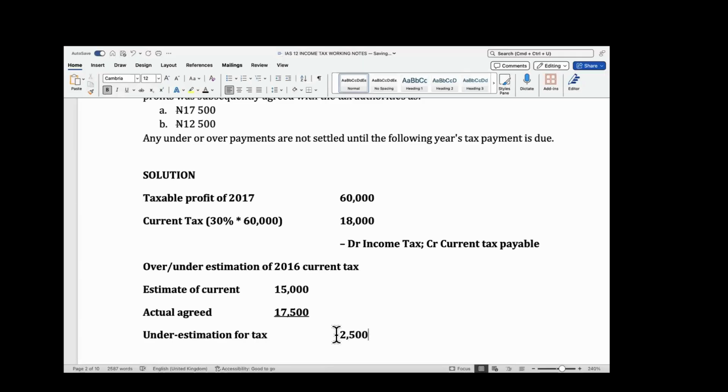And if you remember what I told you, this 2,500 is synonymous to the tax you then have to pay. It's an additional tax with respect to 2016, and you're paying it in 2017.